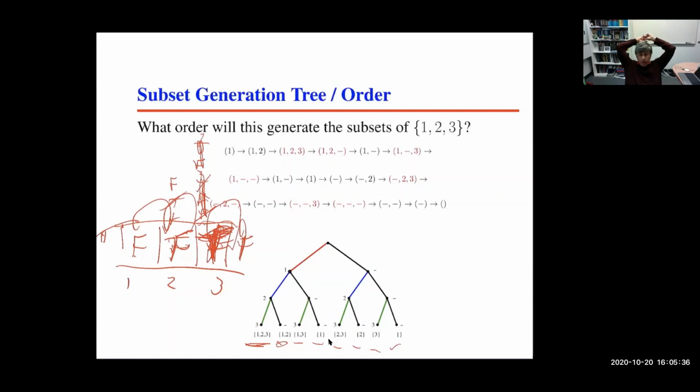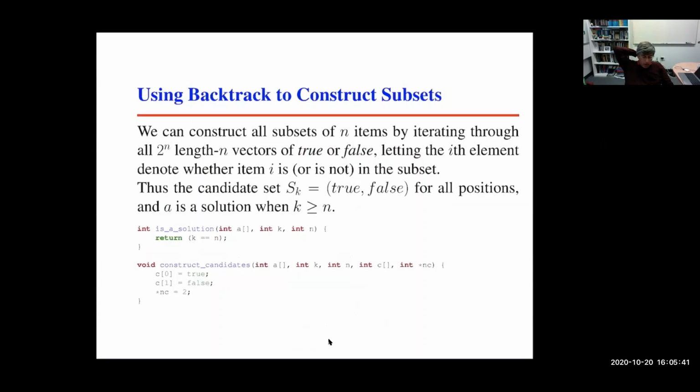Okay. Fair enough. What is my code? I showed you my backtrack routine. What is a solution? Is K equal to N?